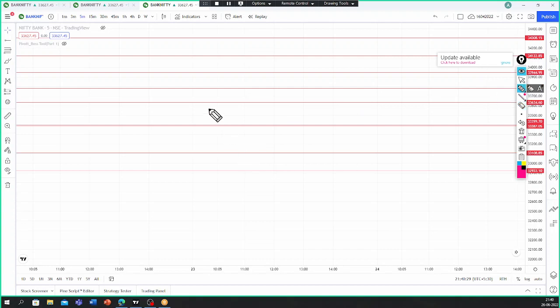Now suppose your day high is this. This candle was day high. Your day close is here. So this is your previous day high, and this is your previous day low, right? When you're marking your pivots, you're saying previous day high, previous day low.